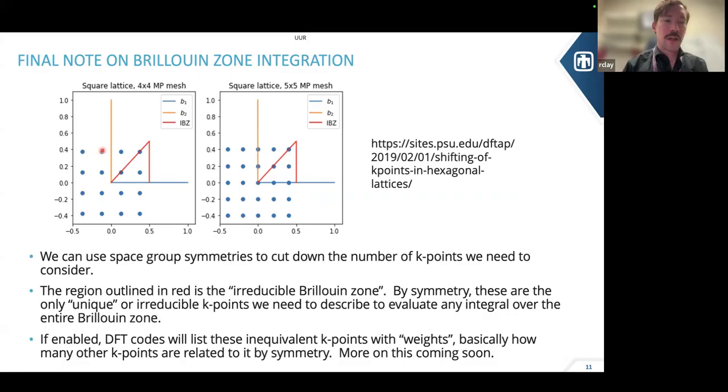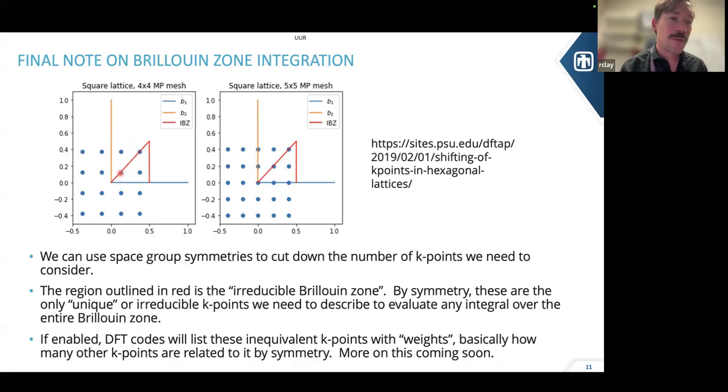And that is we can exploit the symmetries to cut down the region of k-space, to cut down the region of the Brillouin zone that we need to consider to give a full description of the material. So, for example, this is a 4x4 Monkhorst-Pack grid, but because of the space group symmetries for this square lattice and the point group symmetries, if I look at this k point, this is not completely radically different from this one.